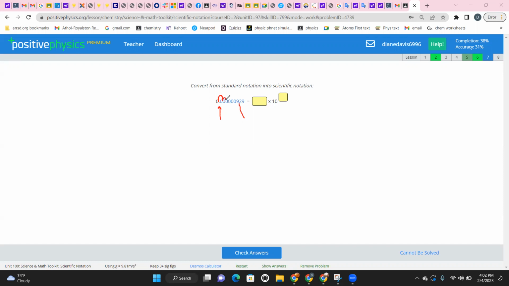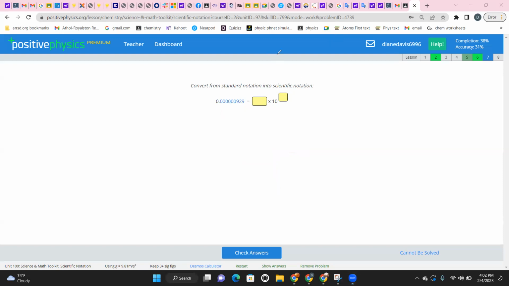That's 1, 2, 3, 4, 5, 6, 7. So it took 7 hops to get it over there where there's one significant figure to the left of the decimal point.